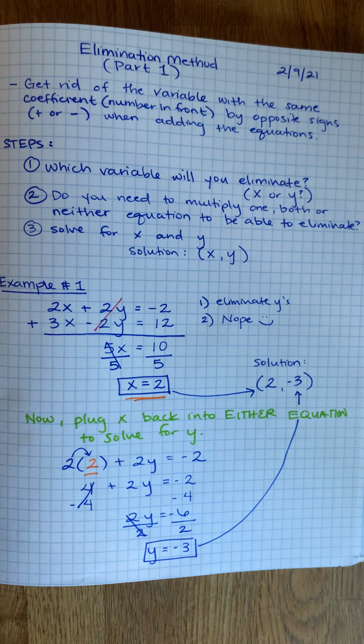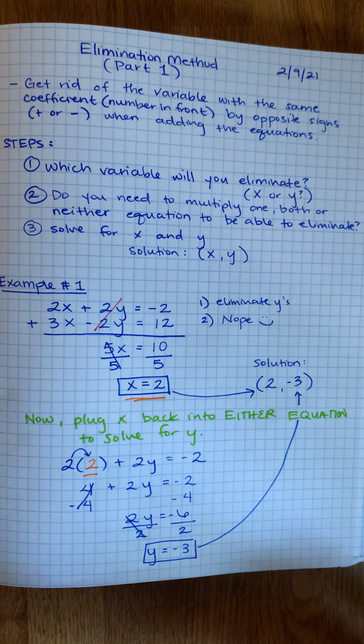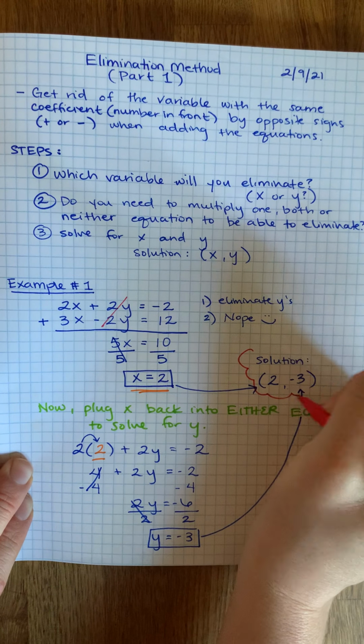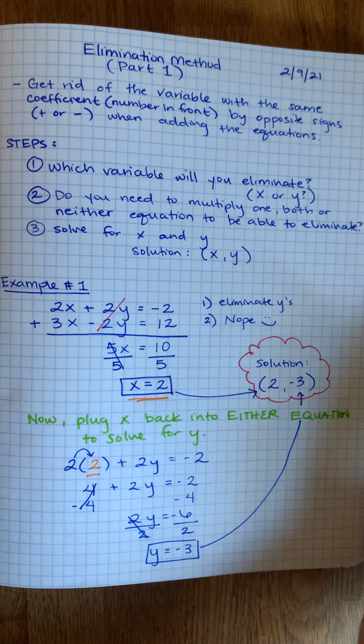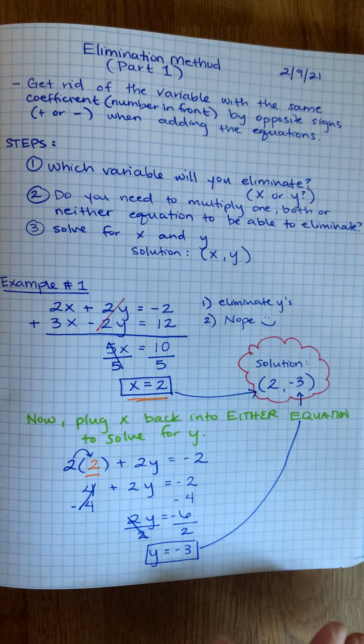And that is the y value to my solution. And that's it. That is my final answer. So that is example number 1. We have one more example that we're going to look at.